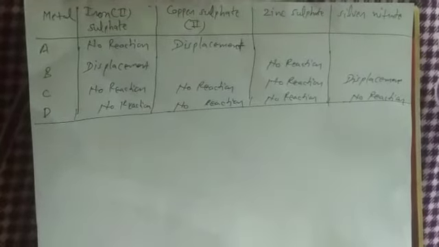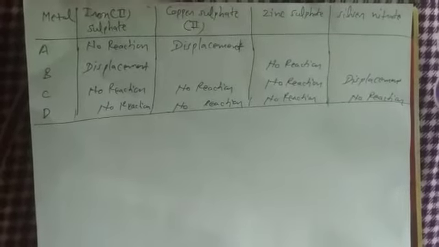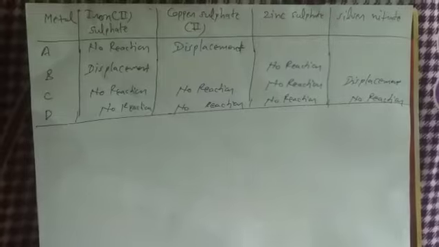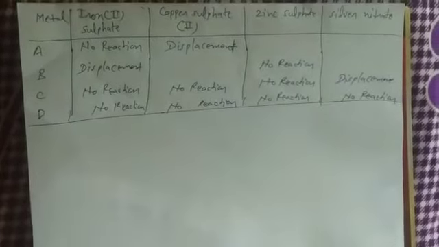In case of metal B, when it is added to iron sulfate, a displacement reaction takes place. In case of zinc sulfate, no reaction takes place.